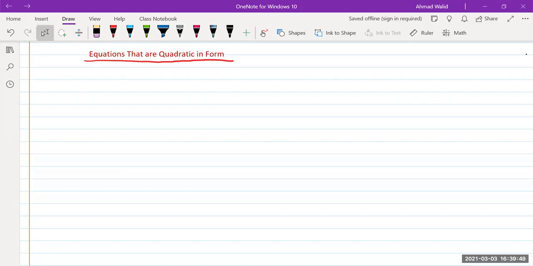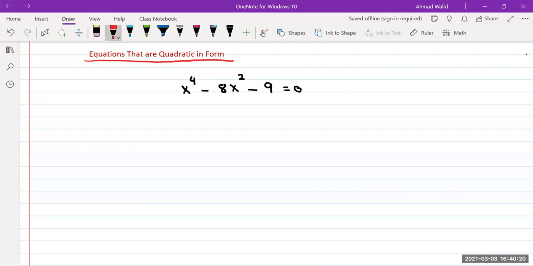For example, if I write for you x to the power of 4 minus 8x squared minus 9 equals 0, this equation, I can call it quadratic in form. Why can I call it quadratic in form?